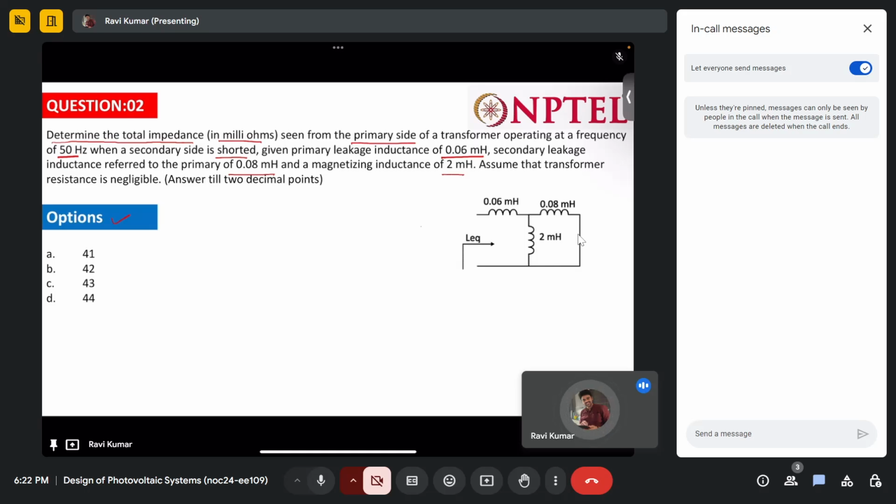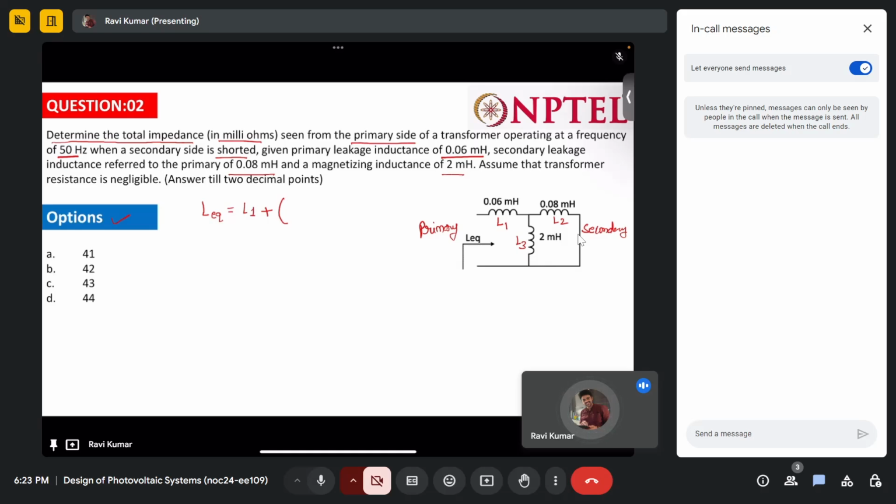So this is the primary side. This is the secondary side. The question says it is already shorted. So we have this L1, L2, L3. First of all we will find out L equivalent, the equivalent inductance. Here L1 is in series, plus we have L2 and L3 in parallel.